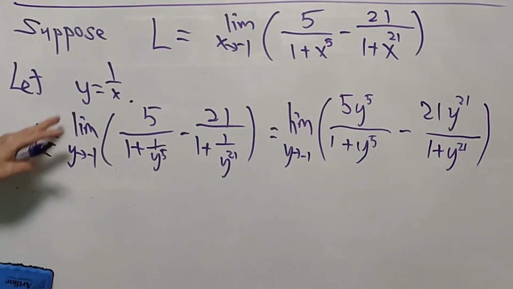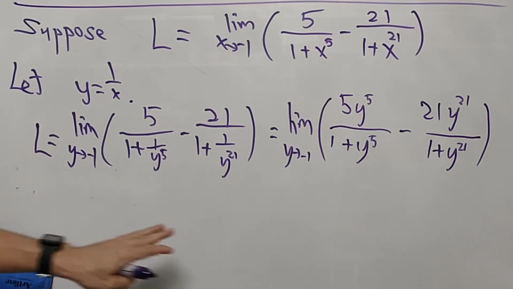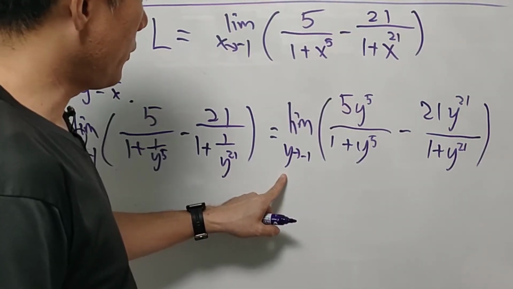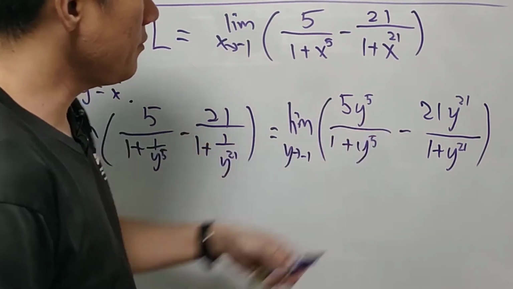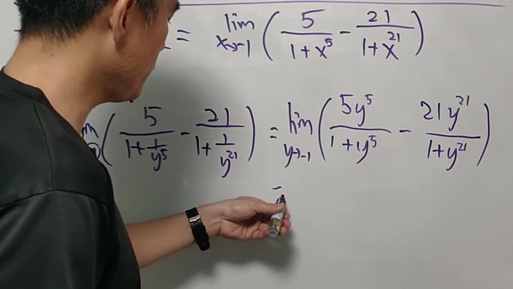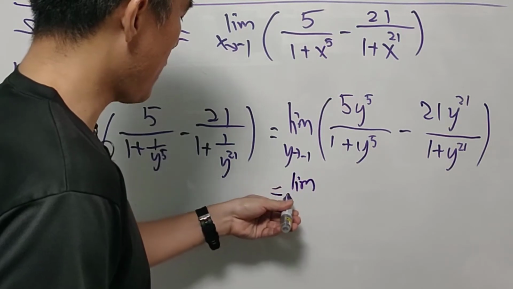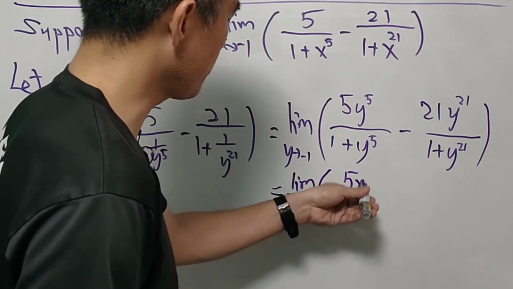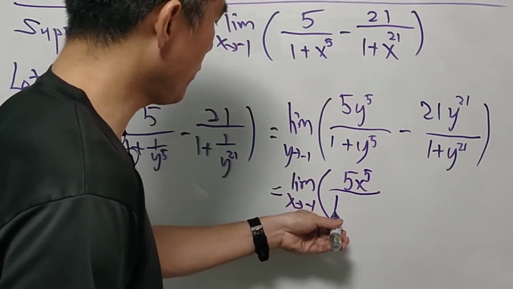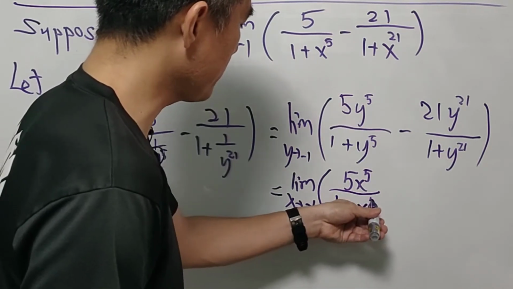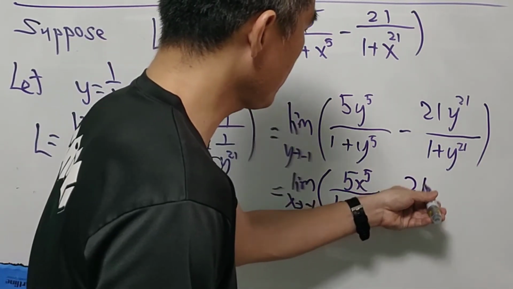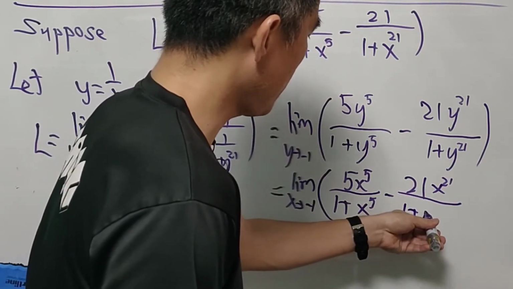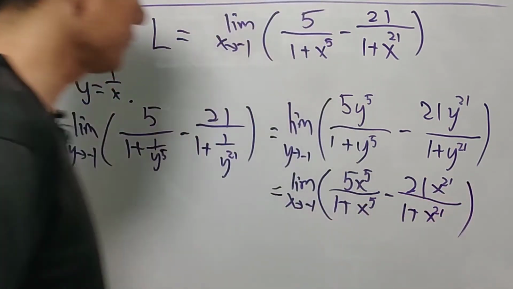So now, using y equals 1 over x, we know that L also equals this limit. Now, note that whether we write it as y or any variable, it is all the same. So we can actually write it as the limit as x goes to -1 of 5x^5 over 1 plus x^5 minus 21x^21 over 1 plus x^21.